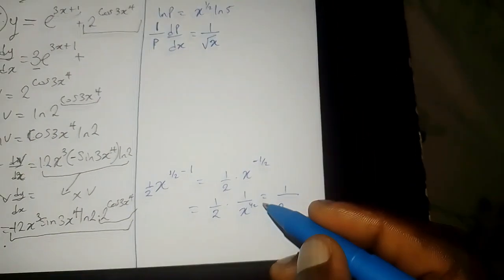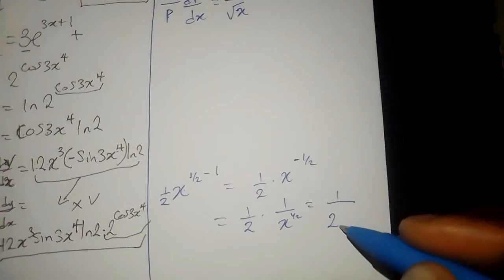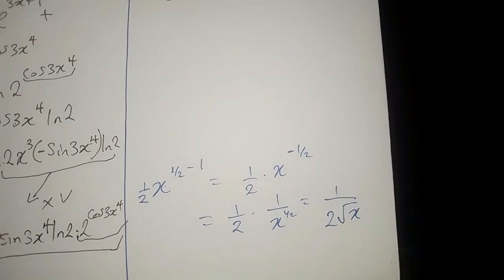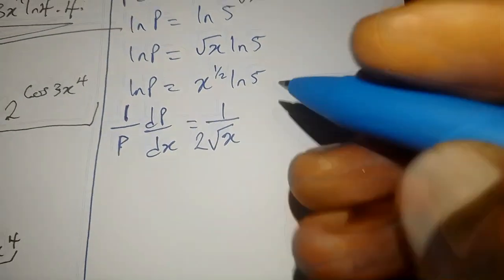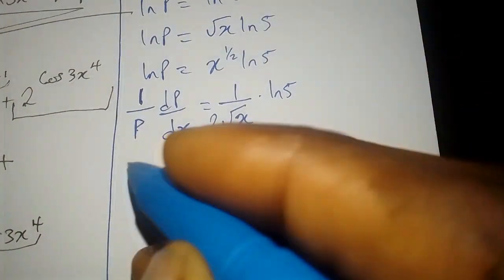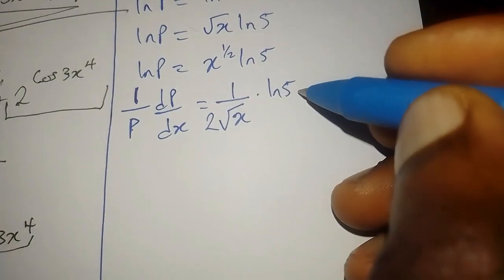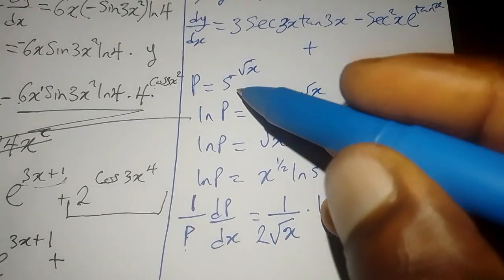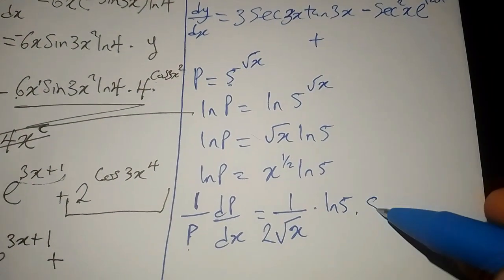That means from here, what I'm going to have is 1 over 2 square root of x multiplied by ln 5, and finishing this, I can multiply by p. What was my p itself? P itself is 5 raised to power square root of x, then this p will cancel out. So getting our final answer for dy dx, this is just dp dx.